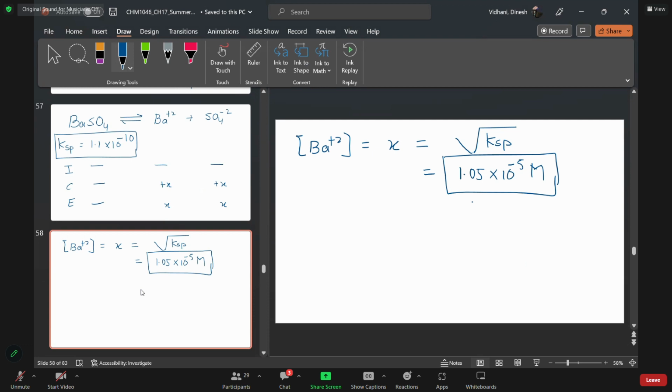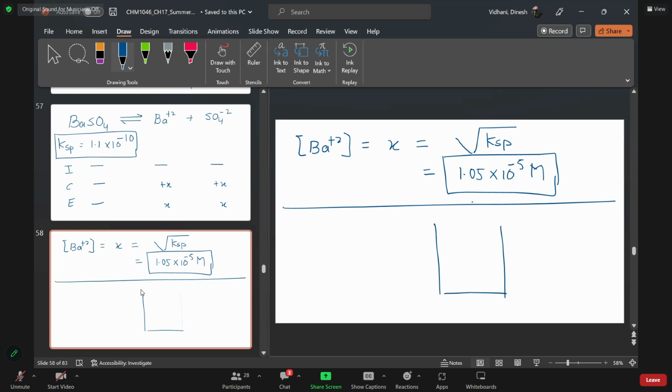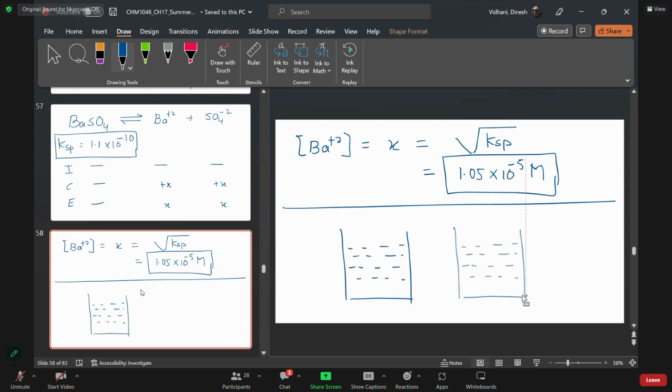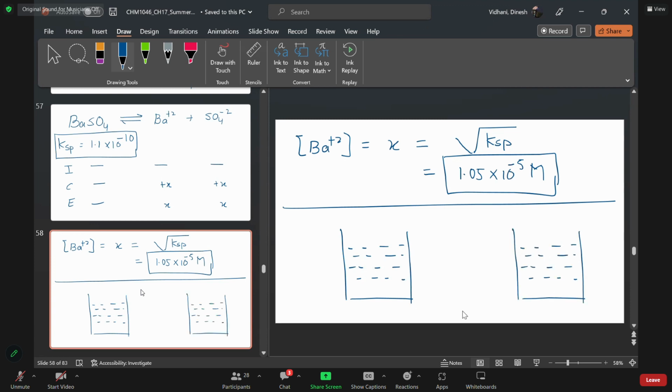Now let me give you an example. How about instead of putting it in water, this is your solution. Let me draw two flasks. This is pure water, simple water.